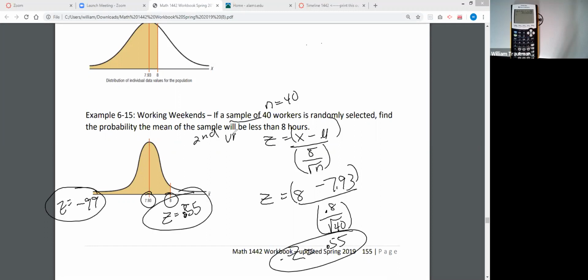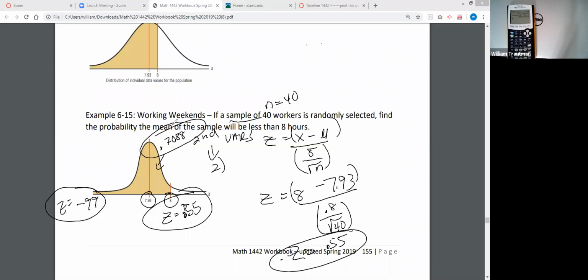Second vars, number 2, normal CDF. Negative 99 is my left side, lower, and 0.55 is my right side. Hit enter, and I get 0.7088. 4 decimal places, 0.7088. So that's the portion that was shaded.